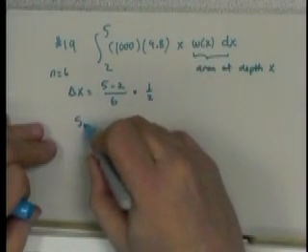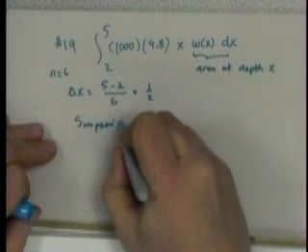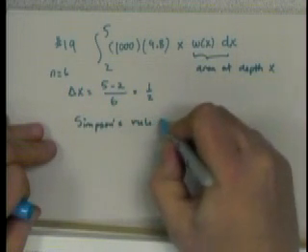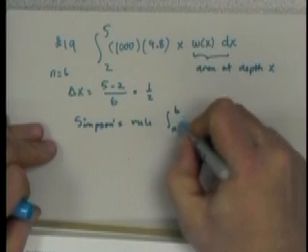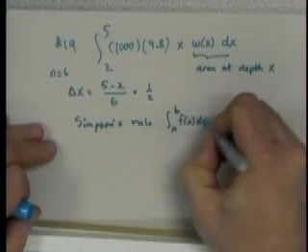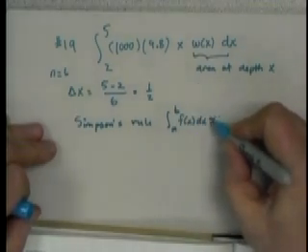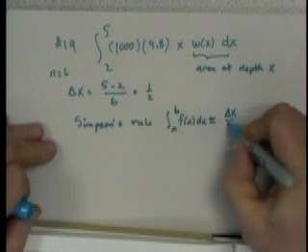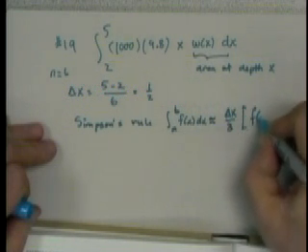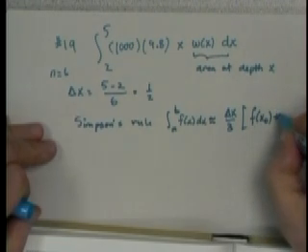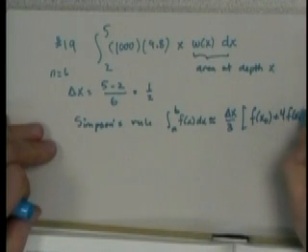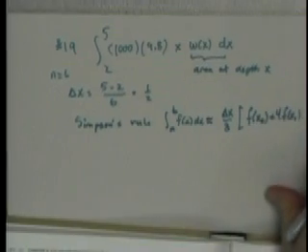And Simpson's Rule says the integral from a to b of f of x dx is going to be approximately delta x over 3. Now, at the left endpoint, we just use f of x, and then 4 times f of x1. I gotta zoom out.